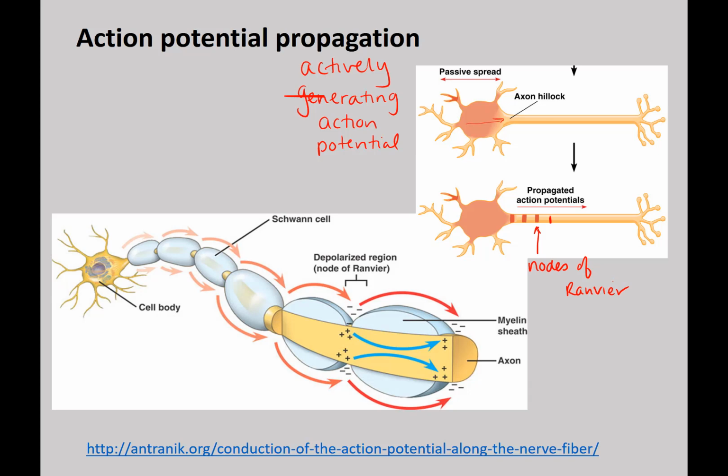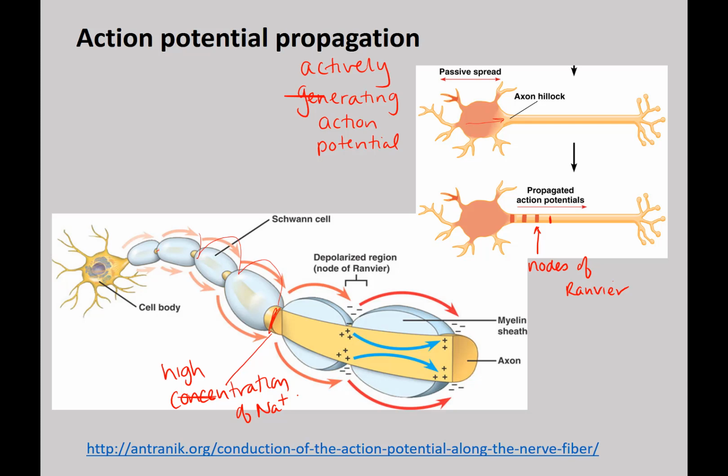So now what's happening is the action potential is going from spot to spot to spot and getting reinitiated each time, because at the nodes of Ranvier there's a high concentration of sodium channels, or of sodium voltage gated ion channels.